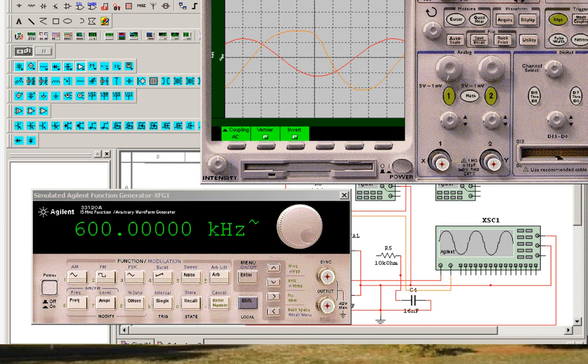I changed that input capacitor from a 1 microfarad to a 0.001, which is a 1 nanofarad. But I've left the frequency the same, so we're going to see if we see that distortion in there.